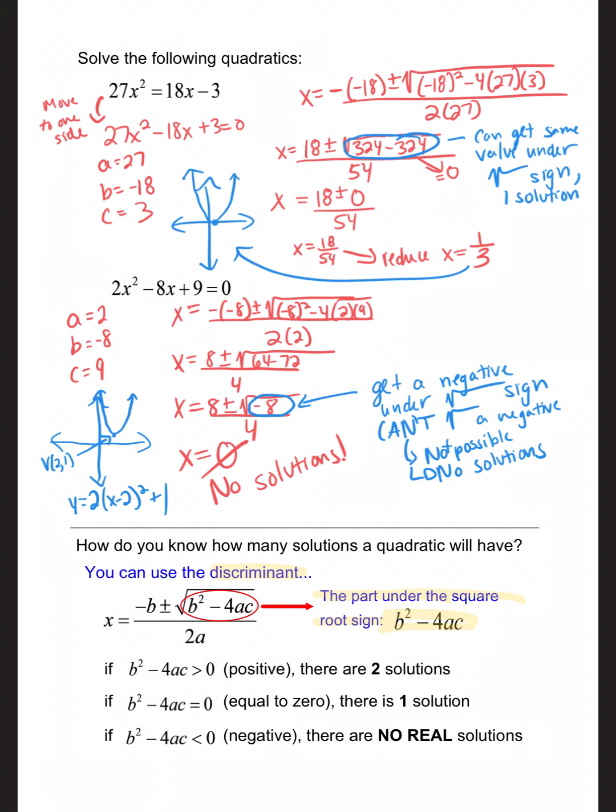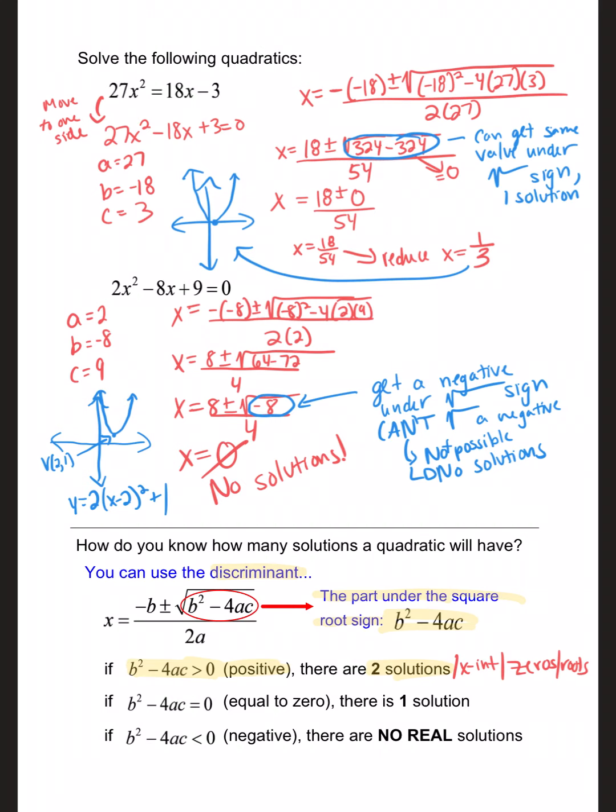So this first situation, which I'm going to flip back one on this page. When the discriminant is greater than 0, or when it's positive, you should end up with 2 solutions, or x-intercepts, or zeros, or roots.